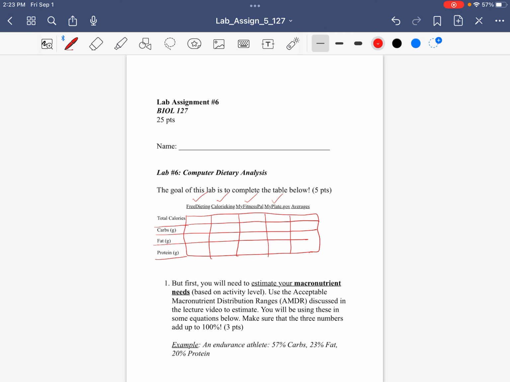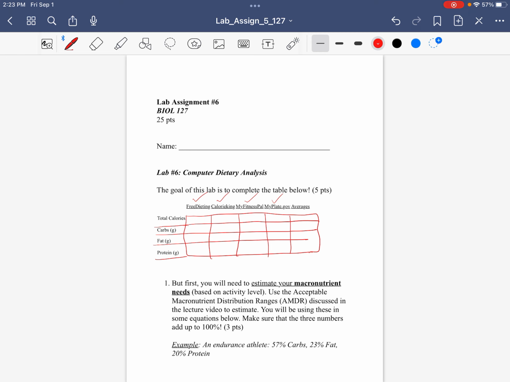So if one website is really high, the others should be a little bit closer together, and it should give us a good ballpark. Now, do these websites know you? Do they know exactly you, your health history, your metabolism? No, of course not, but it gives us a ballpark, folks.